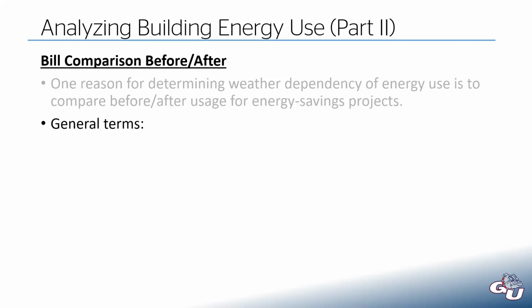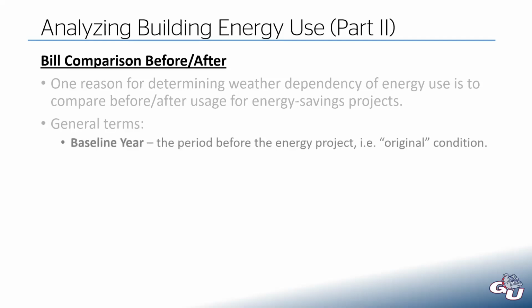First, we have to define some general terms. The first term is what's called the baseline year. The baseline is the period before the energy project. So before we've done anything to help them save energy, that's the baseline condition.